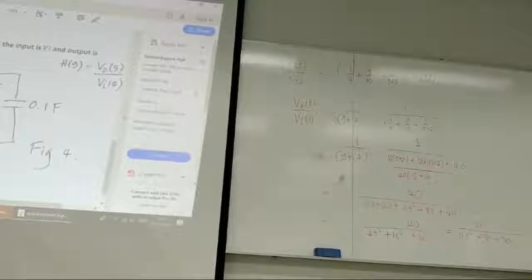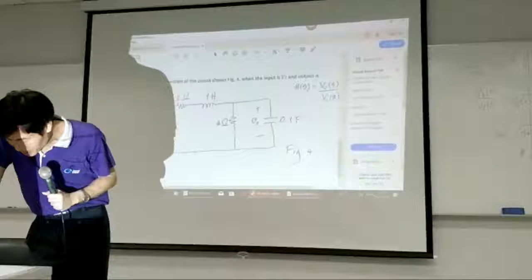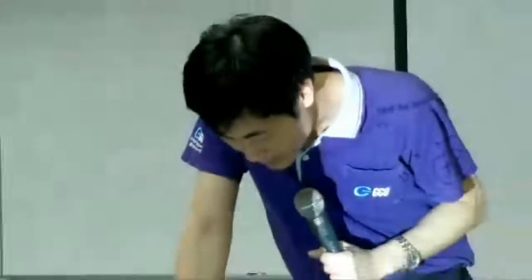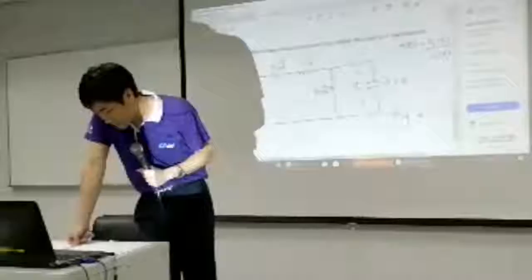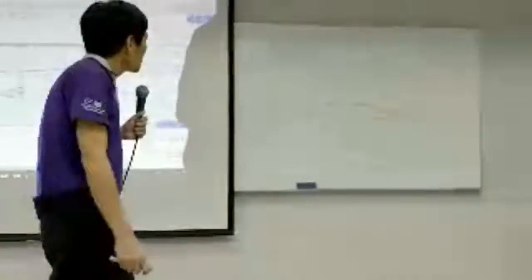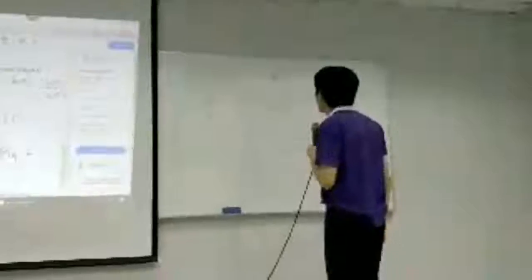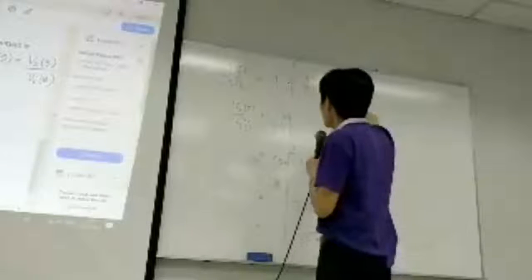V0 divided by Vs. Is that something? I wonder if my solution or the top, could you look at that? V0 divided by VS on the bottom.